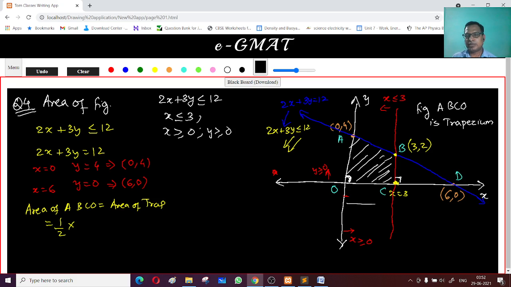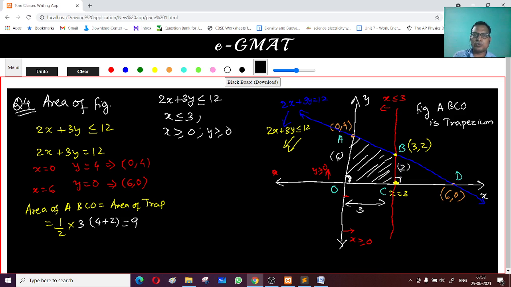This distance is 3, this is 4, and the height here is 2, right? So that is half multiplied by 3 multiplied by 4 plus 2. This will be 6, so 6 into 3, that is 18, and half of that is 9 square units. So 9 square units is the area of this figure.